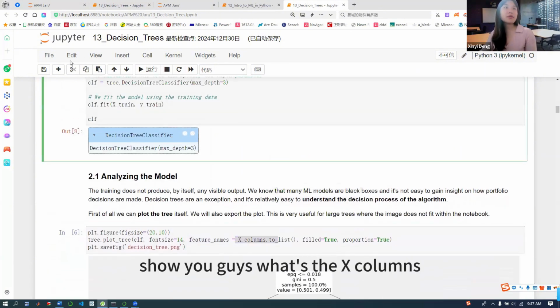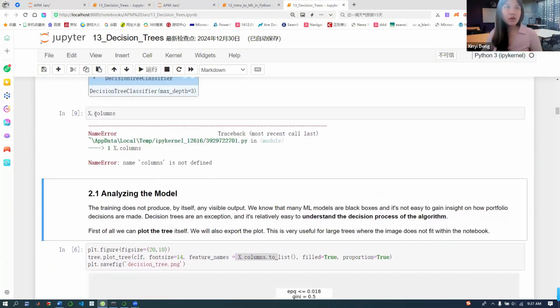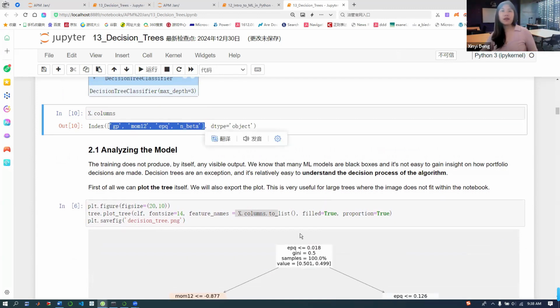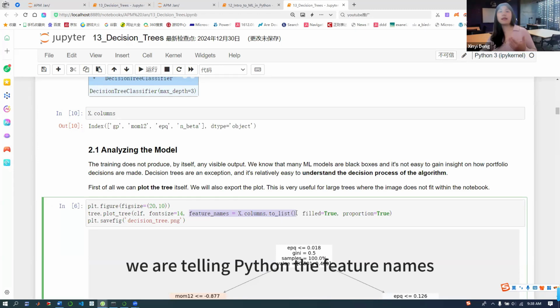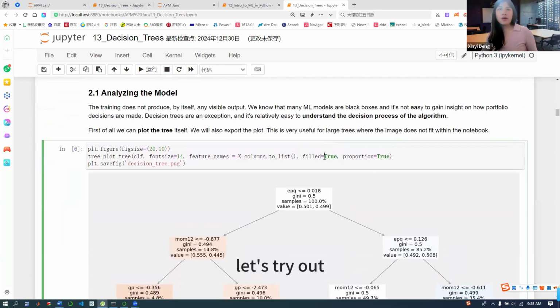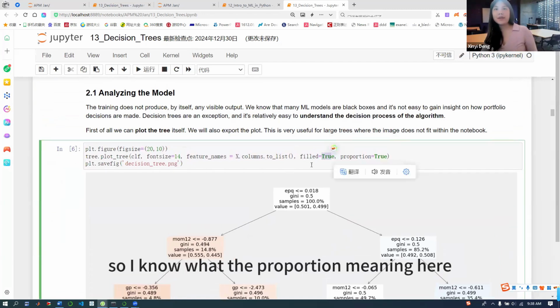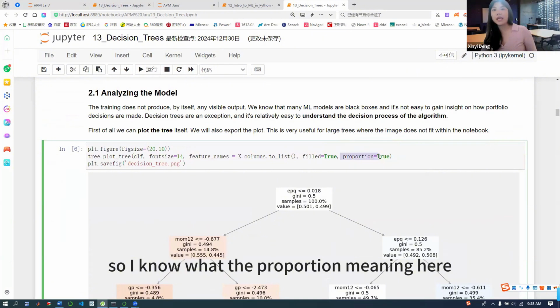Let me show you guys what's X columns. So that's our feature name specified. Basically, we are telling Python the feature names using this hyperparameter. Let's try out what the filled equals to false will do. So I know what the proportion meaning is here.